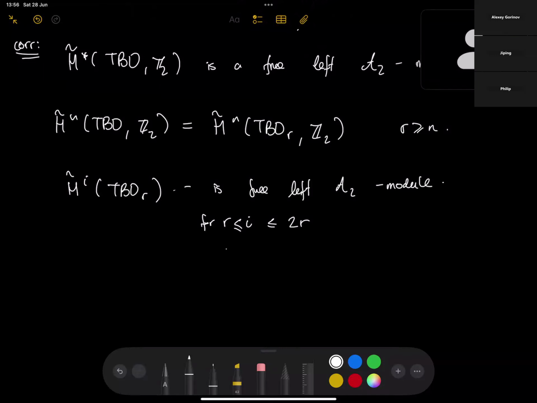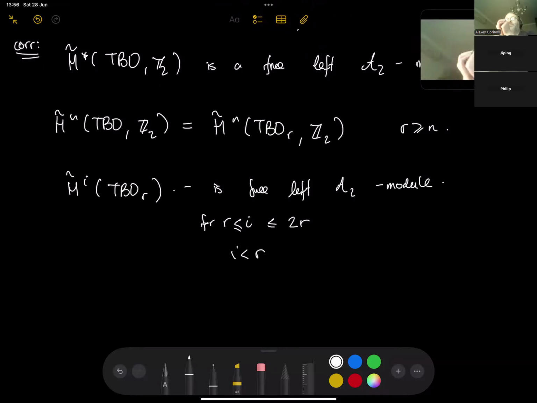Now for i less than r, H^i of BO_r is just 0. We don't have any classes.